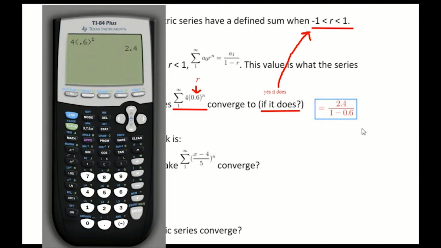So this is going to compute what this number converges to. So we got 2.4 divided by 1 minus 0.6, and we get exactly 6. So if we add up all of these infinitely many terms, we're going to get 6.